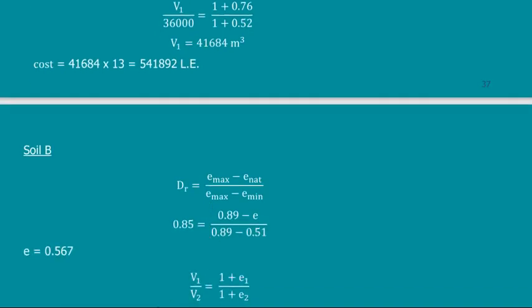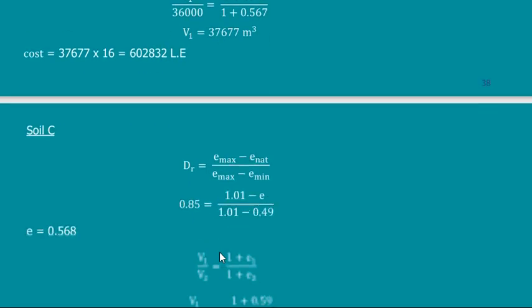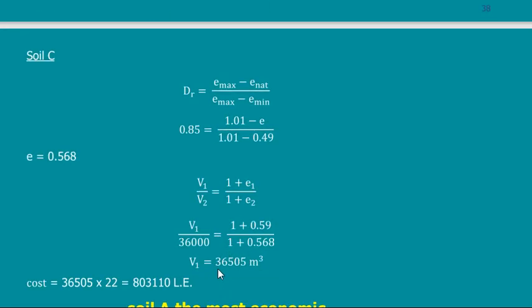From the second place, I will need this amount. From the third place, I will need this amount. So it is different. For each place, I take the volume that I will buy, multiply it by the price of the meter cube to get the amount that I'm going to pay to get the 85% compaction on my site.